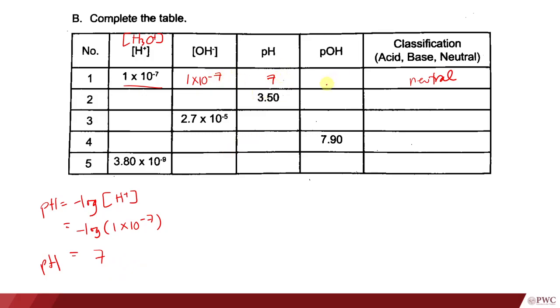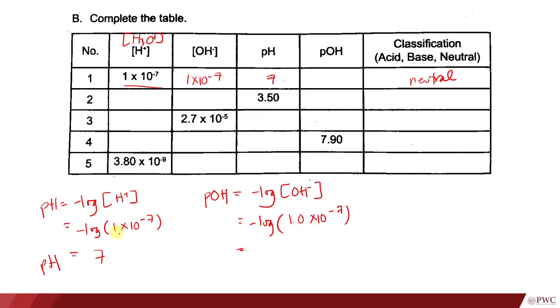So the pH for this one is 7. And then we also need to find the pOH. The pOH depends on the OH minus concentration. Again, it's very similar to pH, but instead of H plus, the basis will be the concentration of the OH minus, or the hydroxide ion concentration. Here our concentration is 1.0 times 10 to the power of negative 7.